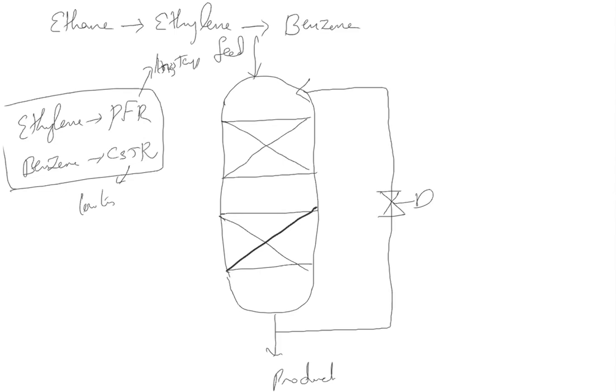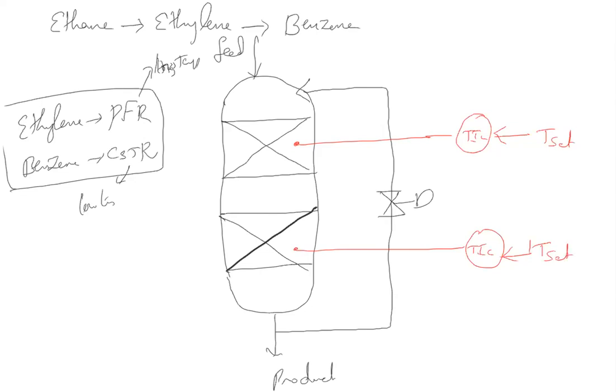Now, how do you operate the temperature controller? You have one TAC sitting here with a T set point, and another TAC sitting here with another set point. These two set points are connected to a master controller, and this master controller also operates this valve.